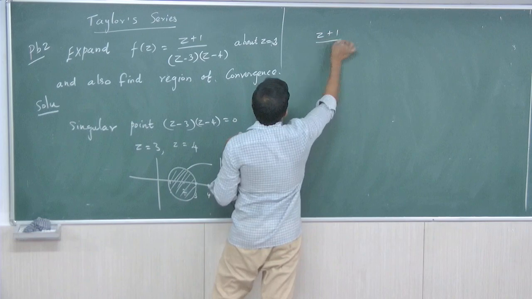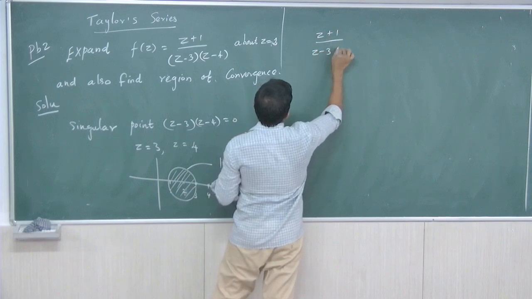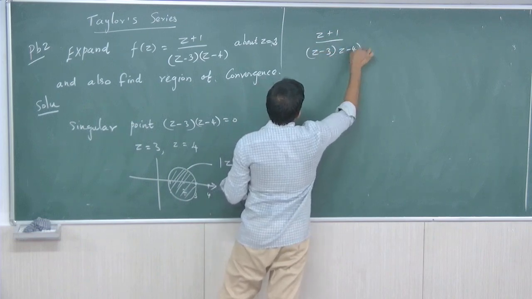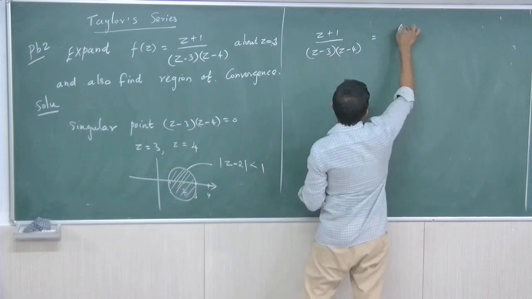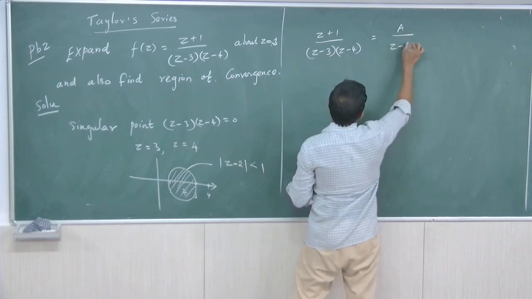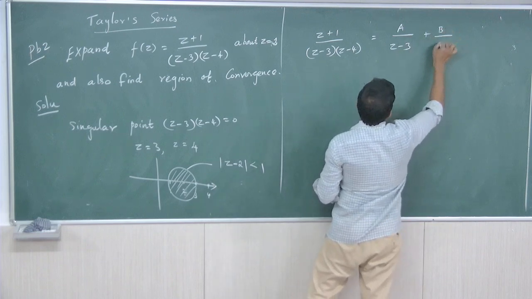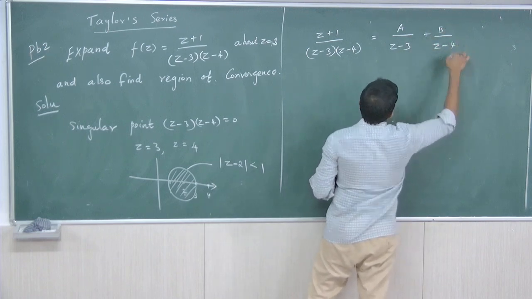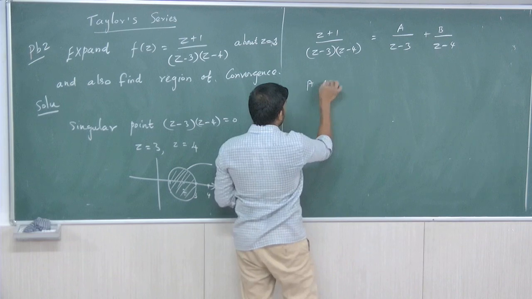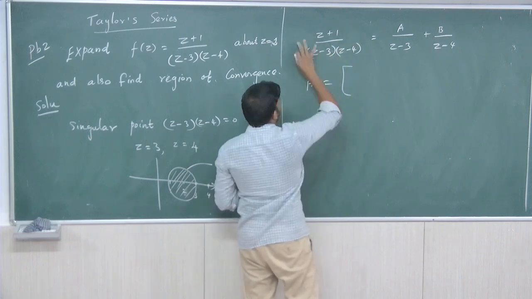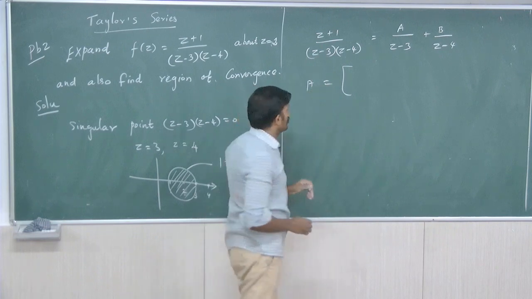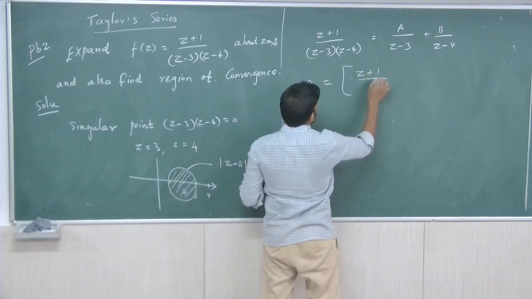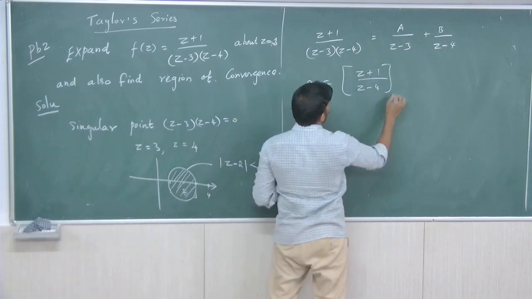1 by (z plus 1)(z minus 3)(z minus 4) equal to, I am going to take A by z minus 3 plus B by z minus 4. If you want to find A, I am going to take the left hand side entirely except z minus 3. So (z plus 1)(z minus 4).